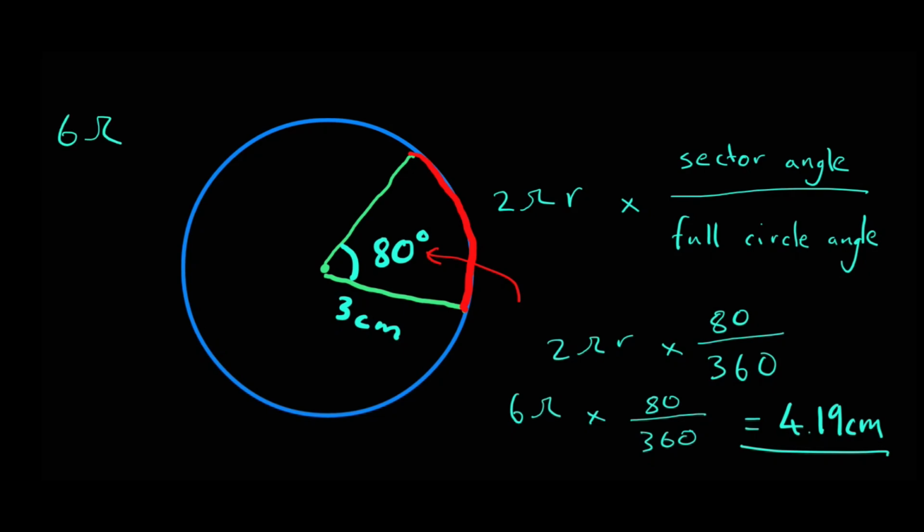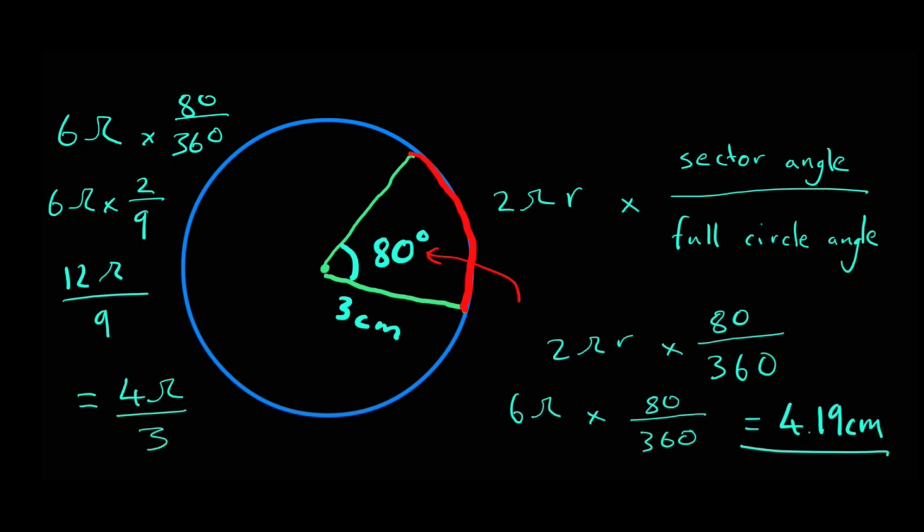So instead that would be 6 pi times 80 over 360, and then you can simplify 80 over 360 to be 2 over 9, so that's just going to be 12 pi over 9, and then you can simplify that to equal 4 pi over 3 centimeters. So the length of the arc is about 4.19 centimeters, or if you want to be exact, 4 pi over 3 centimeters.